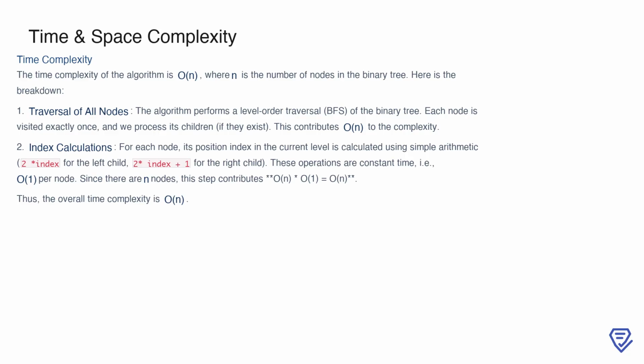Additionally, for each node, we calculate its positional index using simple arithmetic operations like multiplying or adding constants. These calculations are performed in constant time, O(1), for each node. Since there are n nodes, this step also contributes O(n) in total. Combining these, the overall time complexity of the algorithm is O(n).